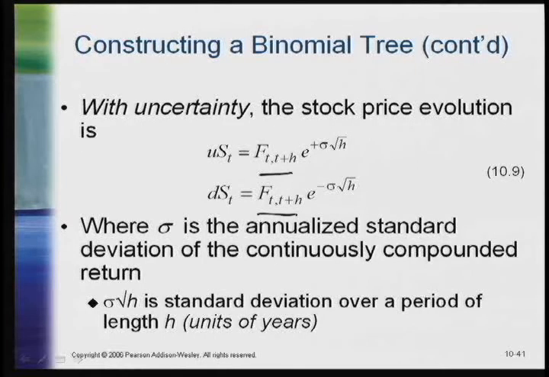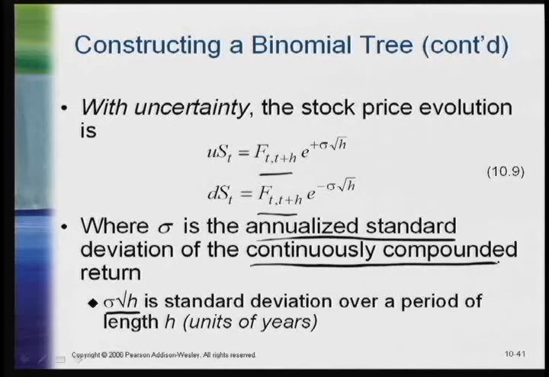This is a very convenient way to do it. And so sigma here reflects the annualized standard deviation of the continuously compounded return. So sigma is the standard deviation of returns over a year, using a continuously compounded model.